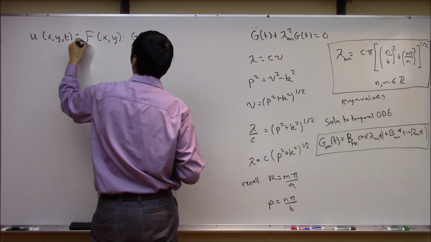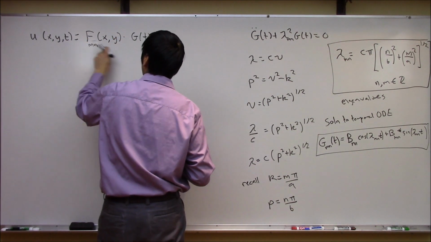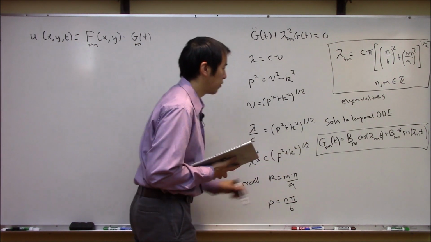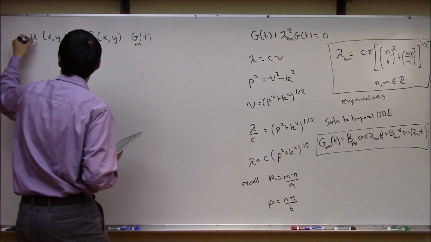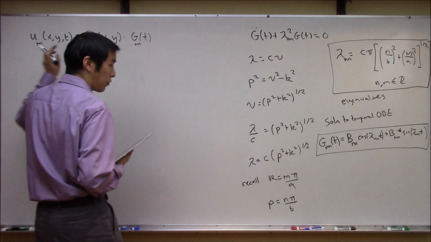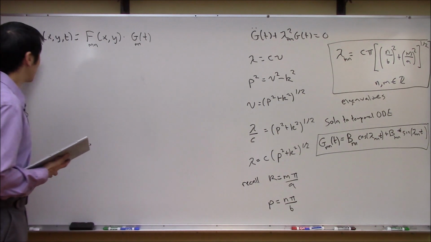F mn was our solution to the Helmholtz, and G mn is what we just got by solving the temporal ODE. For each different m and each different n, we get a different solution.